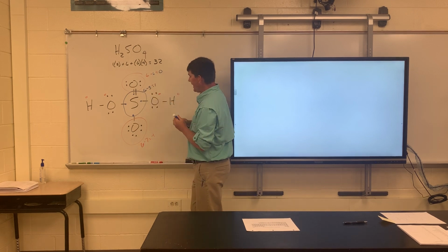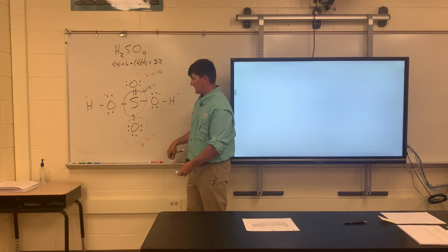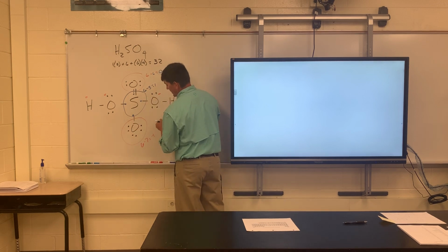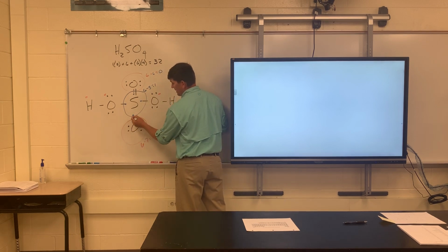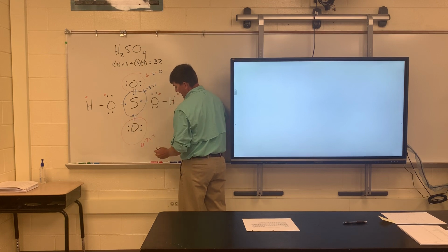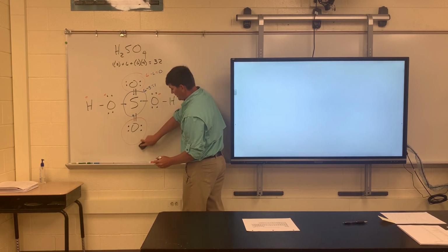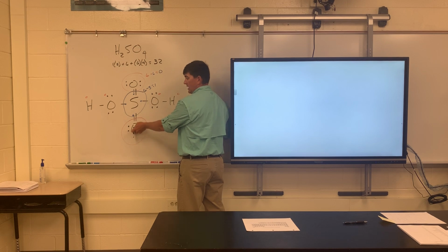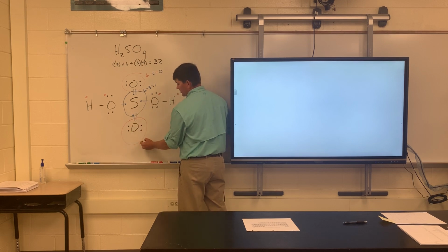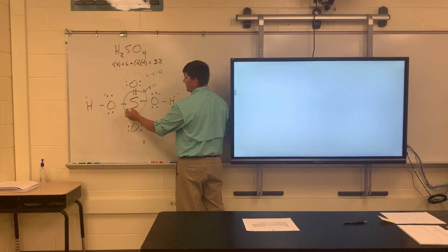Right? And then I can do the same thing on the bottom side here. By taking a pair of these electrons and moving them into a bond, that's going to change this negative, because I took the electrons away from the negative and moved them into a bond. That's going to make that formal charge 0, 6 minus 6, with 1, 2, 3, 4, 5, 6 here.